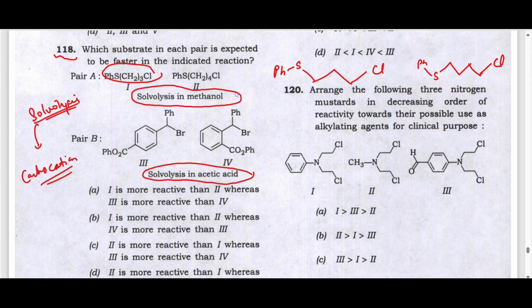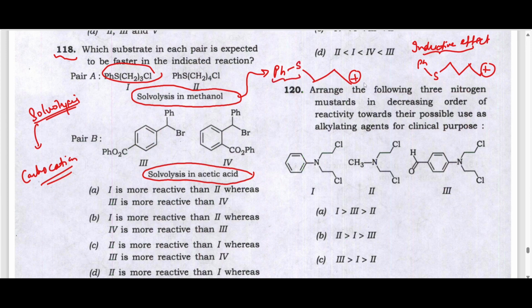See, in the case of solvolysis in methanol, in this reaction, the chloride ion will be removed and there will be generation of a carbocation at this carbon. Okay, so in this case, ultimately for the stability of the resulting carbocation, there will be an inductive effect of this alkyl chain and resonance stabilization provided by this phenyl sulfide group.